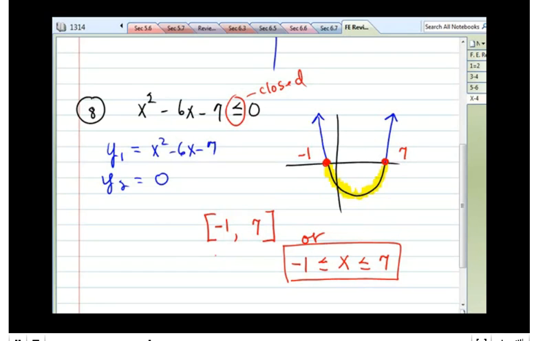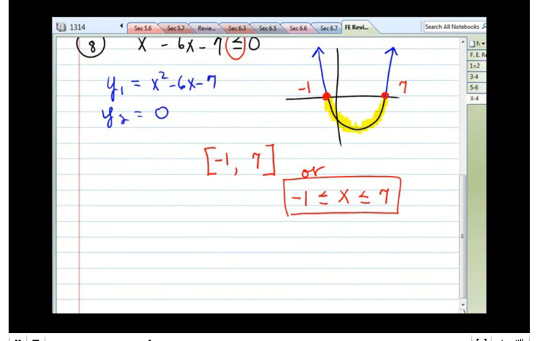All right, number 9. Okay, I need to get my actual sheet here, see what it says. Is 9, what is it wanting us to do? I can't find my sheet.